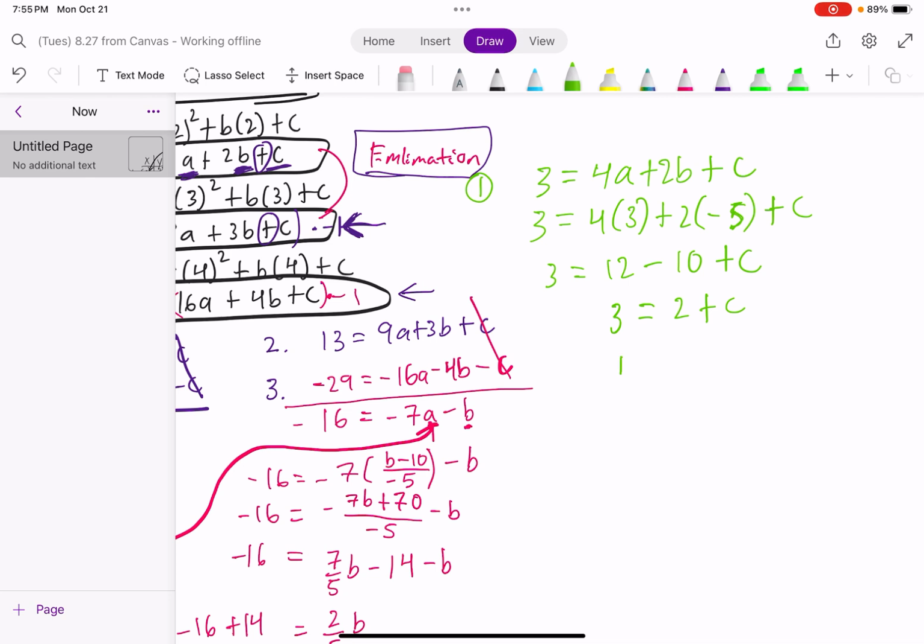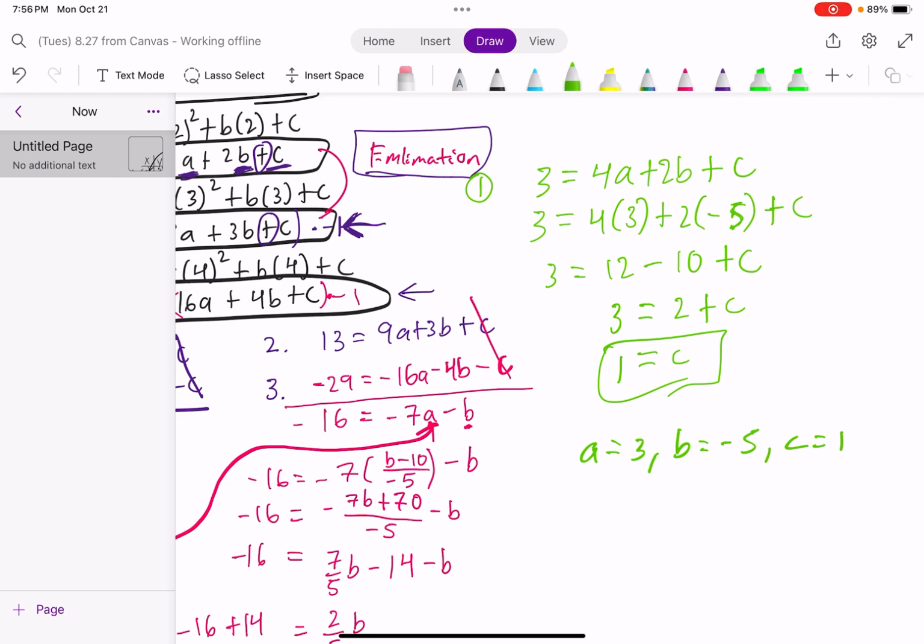Minus 2 on both sides. C is 1, confirming that C is 1. And now I have my A is 3, B is negative 5, and C is 1.